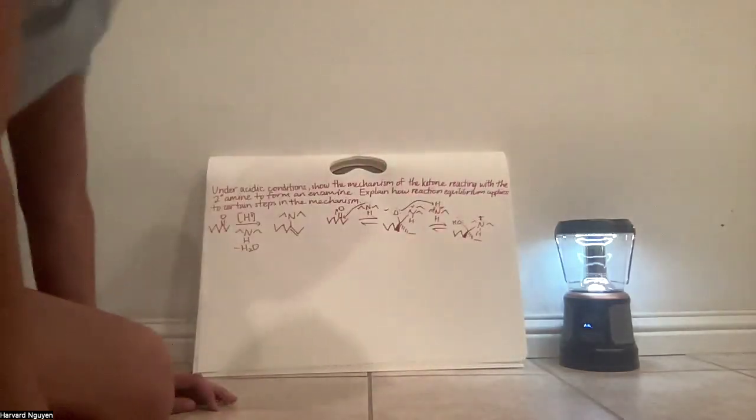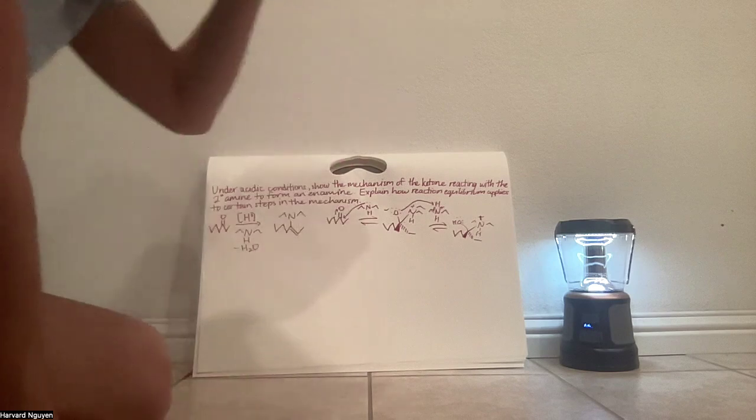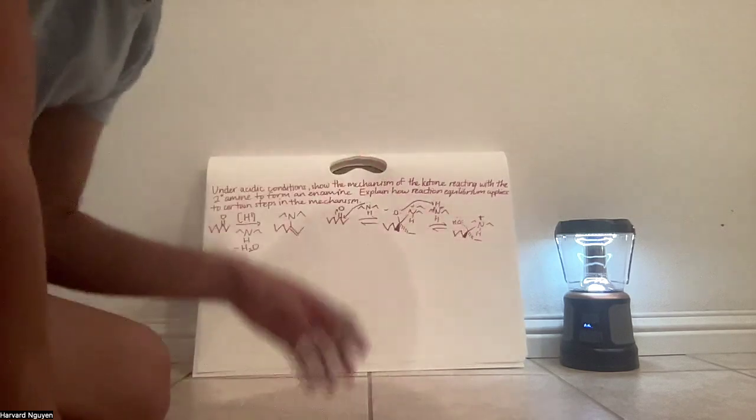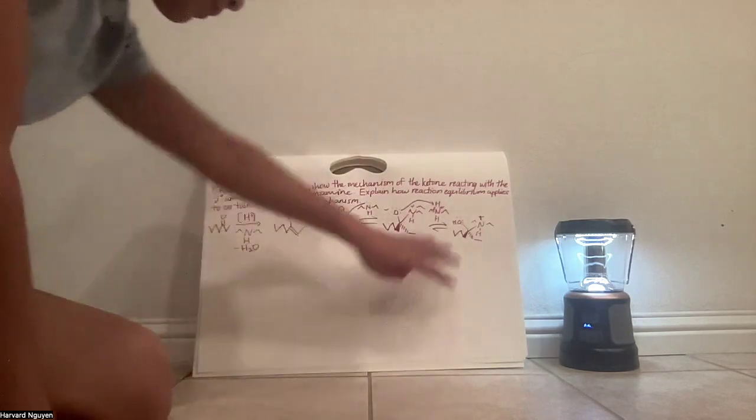All right. Now, next, we're going to deprotonate this time. We're going to get rid of the proton in here. This is going to be really essential towards forming our enamine. So we're going to do a deprotonation step to get rid of the proton on the amine.